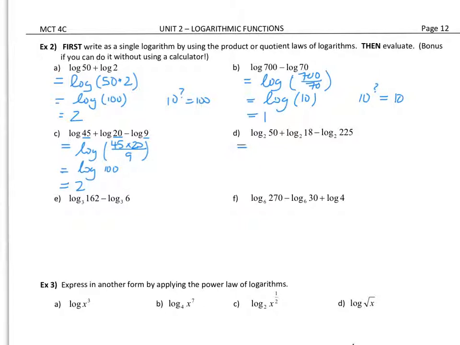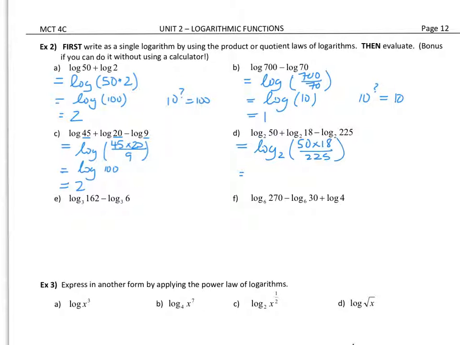Okay, the next one. Now my base isn't 10 this time, it's a base of 2, but they all have the same base. So these laws only work as long as your bases are the same. So we're going to have 50 times 18 divided by 225. Now let's see what we can do with this. We could use our calculator on this.